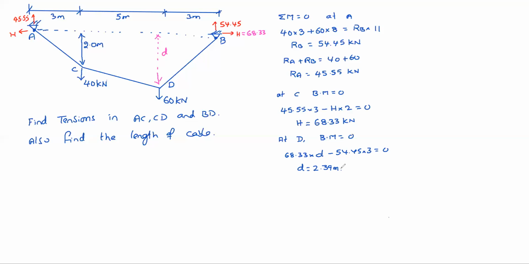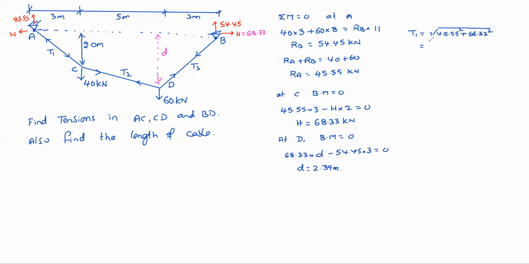So to find tensions, suppose this is T1, here T2, this is T3. T1 we can work out very easily because T1 is the resultant at A. So T1 equal to square root of 45.55 square plus H 68.33 square.